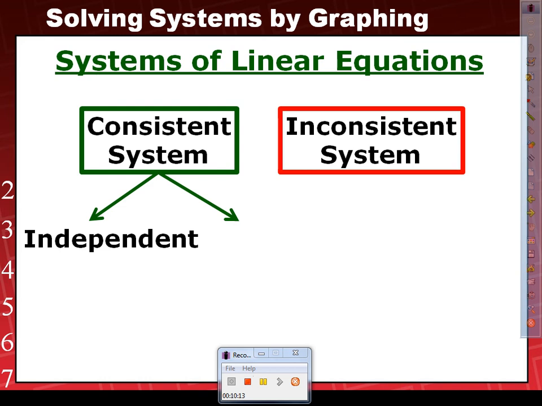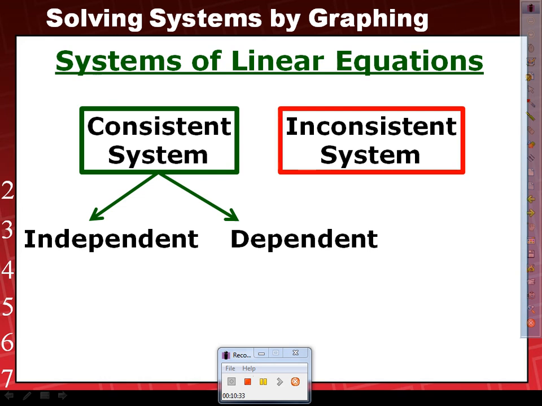Guess what? You're going to become independent. Only one. However, if it has infinite solutions, then it's called dependent. That's why when your parents do their taxes, now that tax season is coming, guess what you are called when they put you on the taxes? A dependent. You are part of that system.